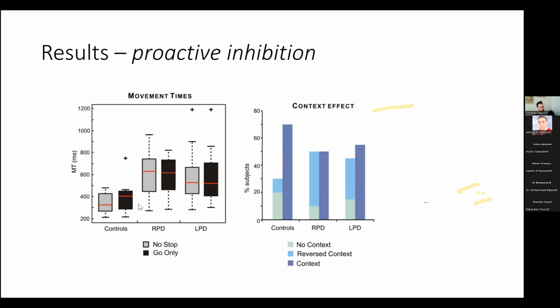And this is the second approach, by counting how many patients and how many controls have a context effect or an inverse context effect. Again, the majority of controls have a healthy context effect, but for patients, it's not important if they are right or left patients, they both have the same amount of context and no context effect, meaning this effect is not above chance level.